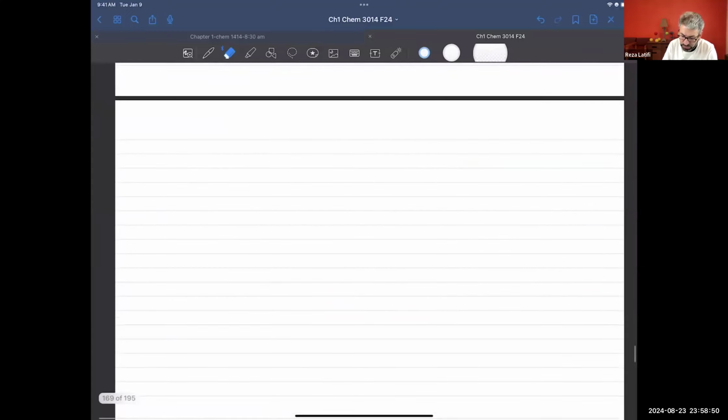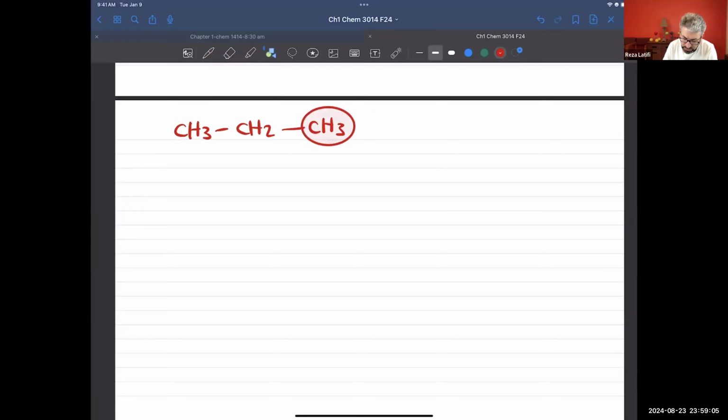Imagine you have a molecule, CH3, CH2, CH3. So what do we have here? We have one group that is identical to that one, and this is going to be the midpoint of the molecule. So I can highlight this one, say that's the midpoint.